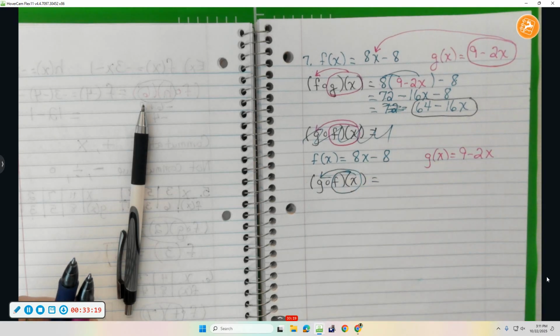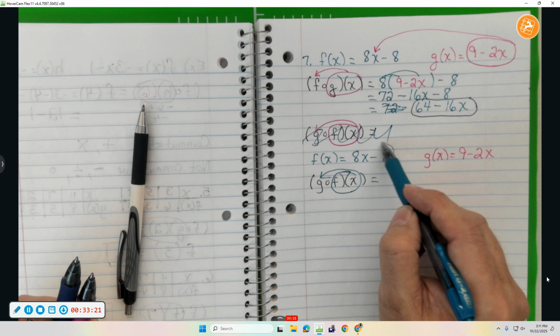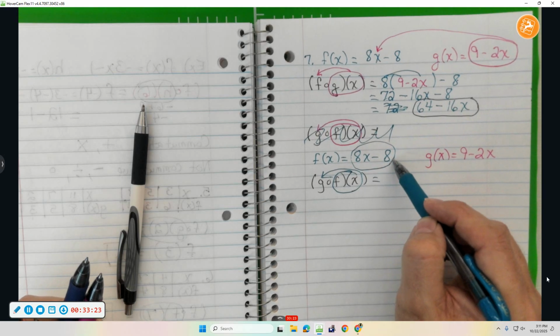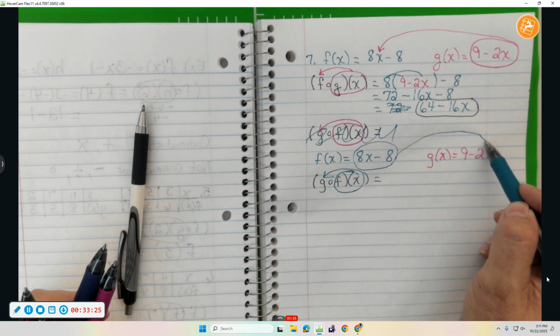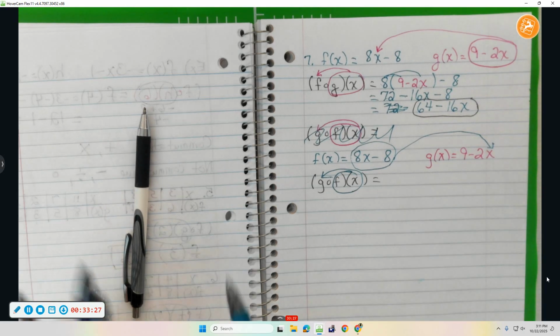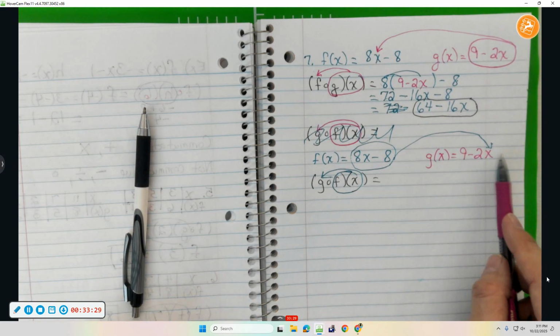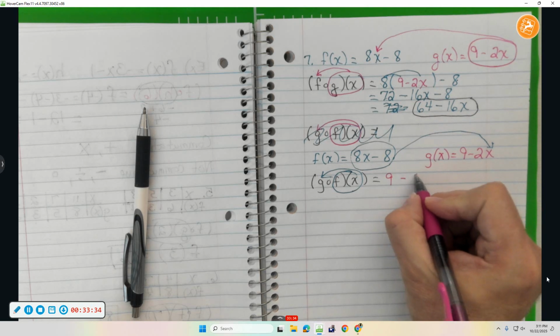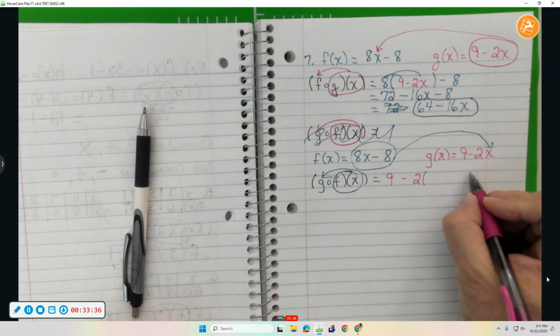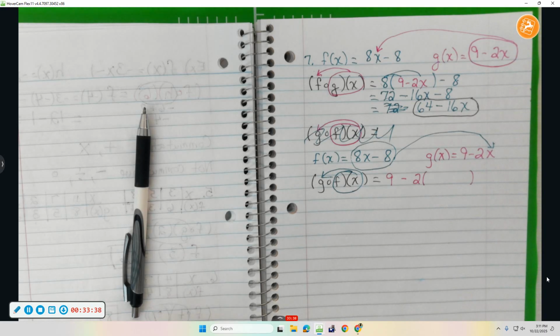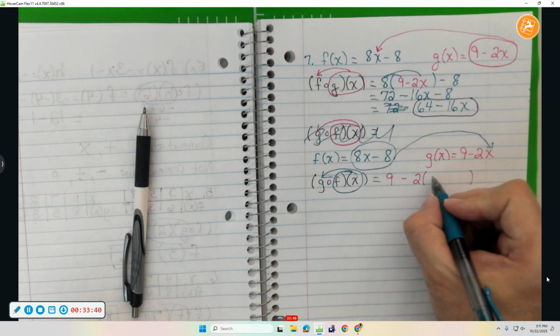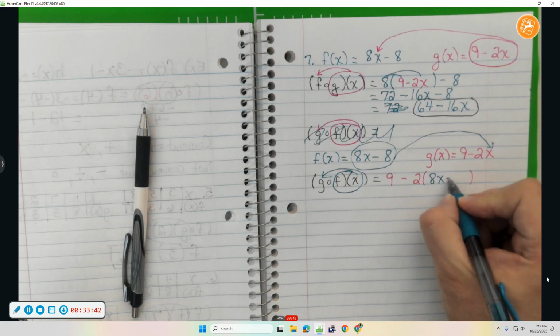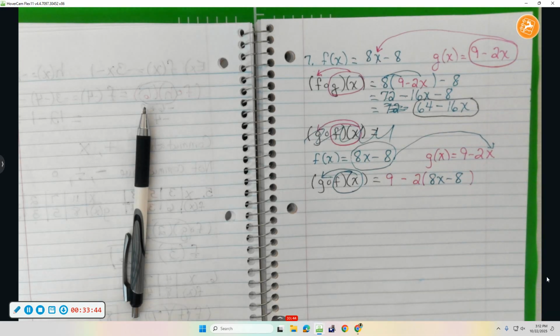So what arrows would I need here? I'm going to plug f into g. So in place of this pink x, I have a 9 and a minus 2. But what am I going to put in place of that pink x? 8x minus 8. Do not subtract here.